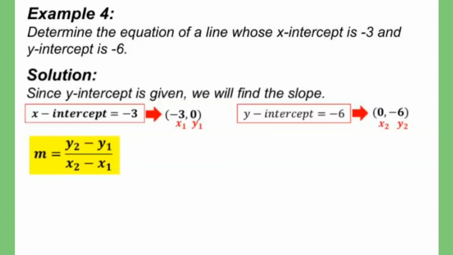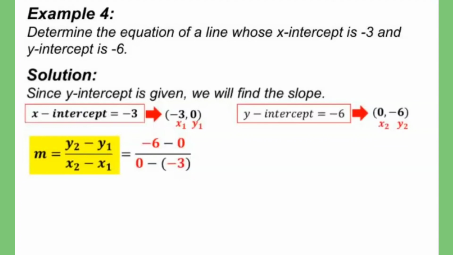We are now ready to substitute in our given formula. So this will become y sub 2, which is negative 6, minus y sub 1, which is 0, all over x sub 2, which is 0, minus the x sub 1, which is negative 3.